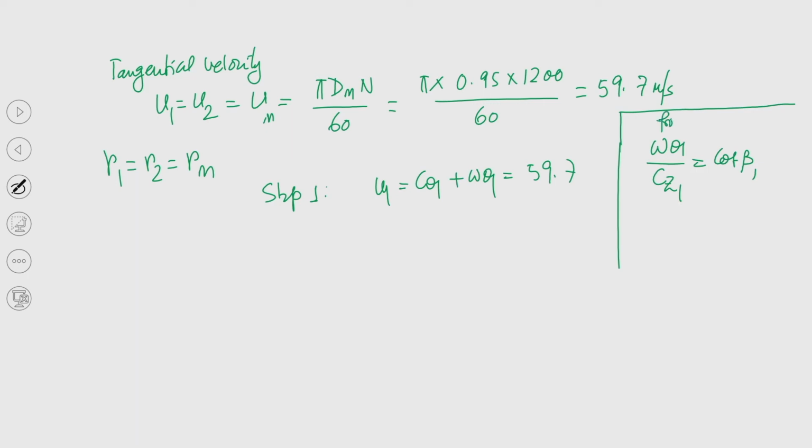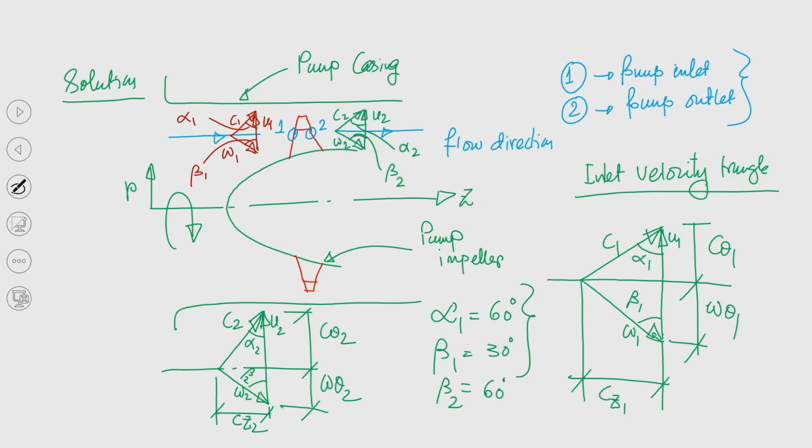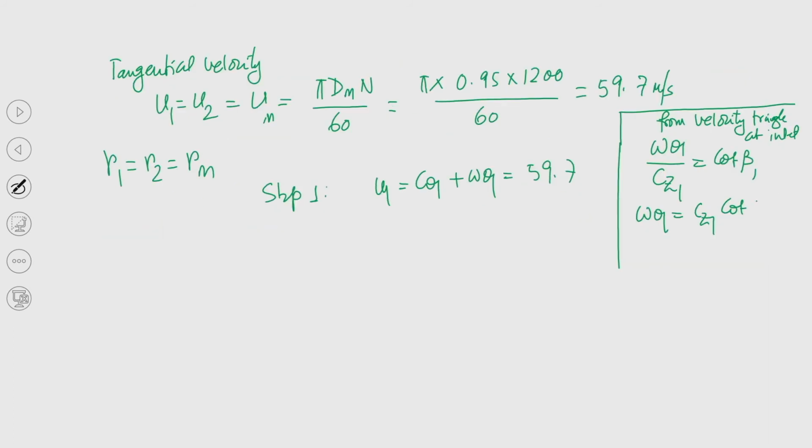from velocity triangle at the inlet. So, w theta 1 will be equal to c z 1 cot beta 1, beta 1 is given, what is beta 1? Beta 1 is given 30 degree, right. So, I am writing cot 30, right.